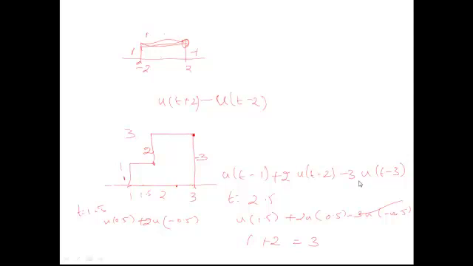The third expression, u of t minus 3: 1.5 minus 3 is minus 1.5, so you write it as minus 3 u of minus 1.5. As I told you, u of t does not exist on the negative side, so these get cancelled. You are having only u of 0.5. You know u of 0.5, or any value greater than 0, will give you the answer 1. So at 1.5 you are having the answer 1.